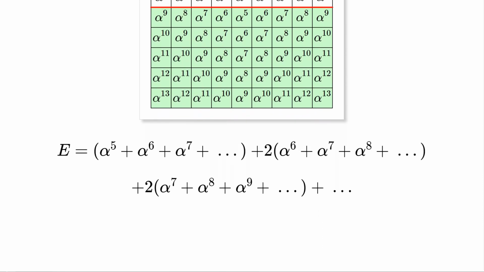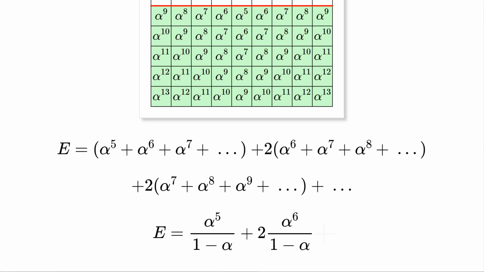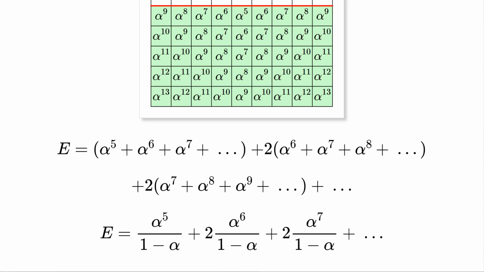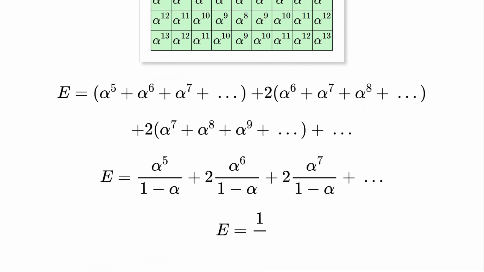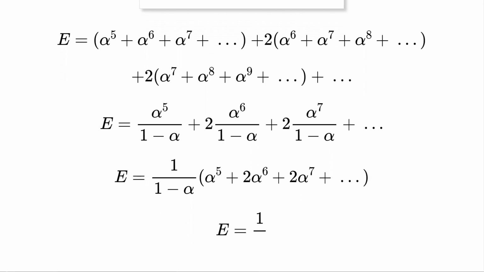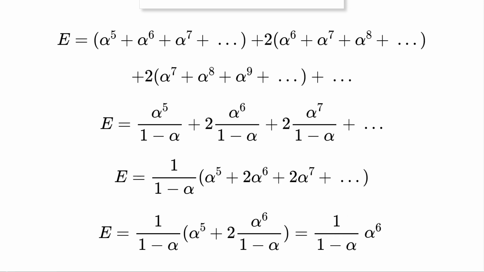Let's remember the formula for the sum of the geometric progression. Initial term divided by 1 minus alpha. Yes, we do it for every geometric progression. We can factor 1 minus alpha in the denominator, and we get another geometric progression. We can do it again, the same formula. Just this time, let's put everybody under the same denominator. And this is the expression for the total energy.